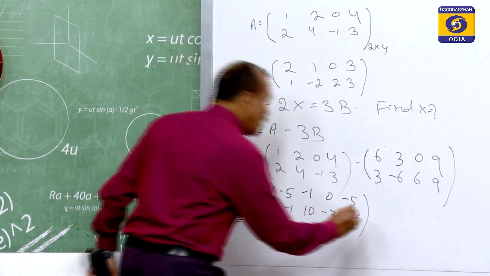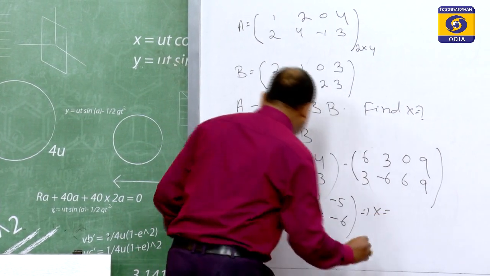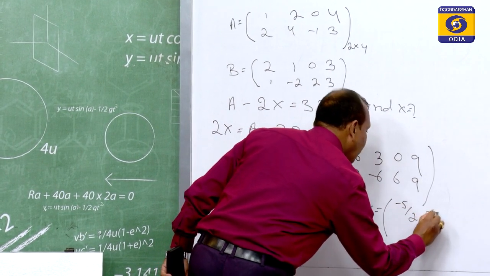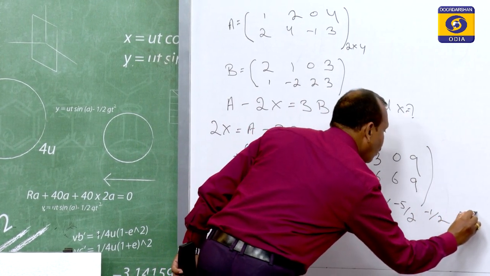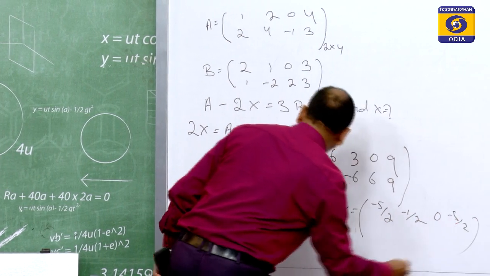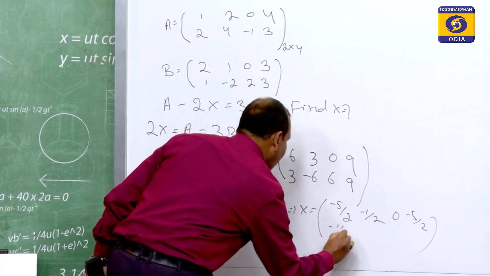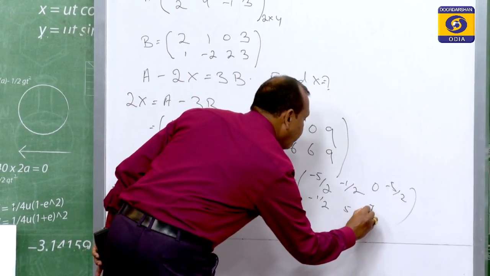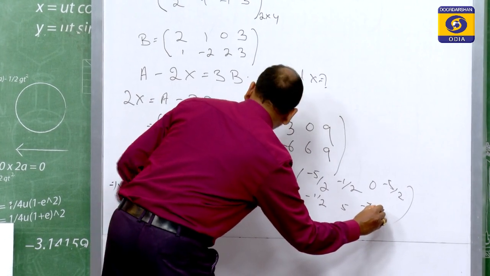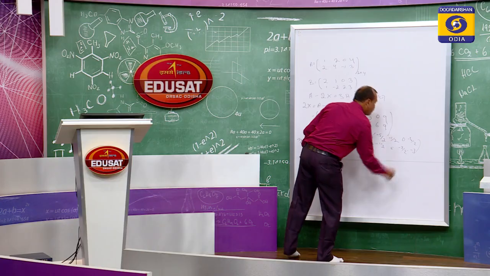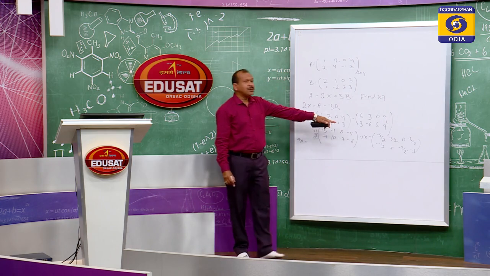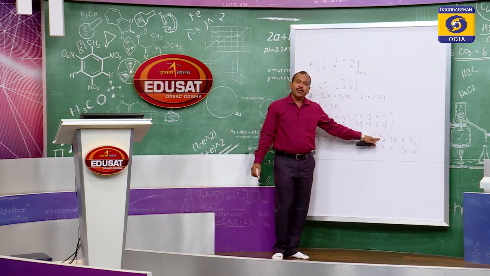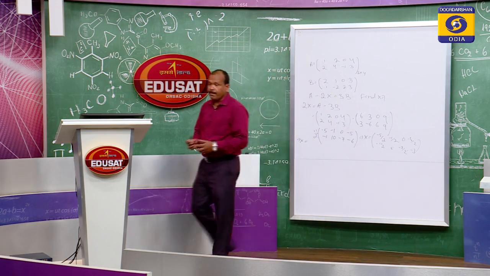Then x becomes minus 5 by 2, minus half, 0, minus 5 by 2, minus 1 by 2, 5, minus 7 by 2, and minus 3. This is the x matrix, which is also a 2 cross 4 matrix.